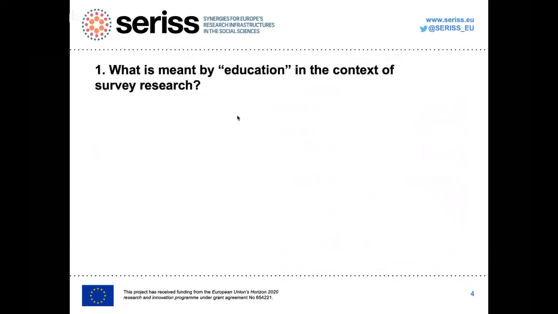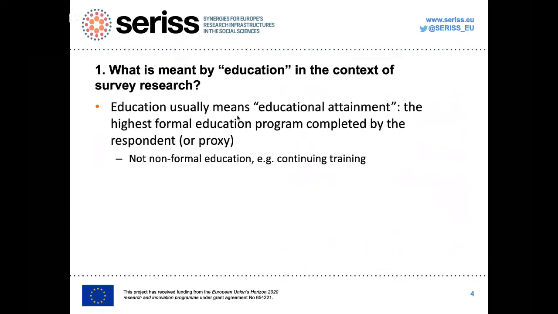So what's meant by education in the context of survey research? Usually we use education as a shorthand for educational attainment, which is the highest formal education program completed by the respondent. It's quite important to distinguish this from non-formal education, such as continuing training or other less regular and less formalized and organized types of learning experiences.